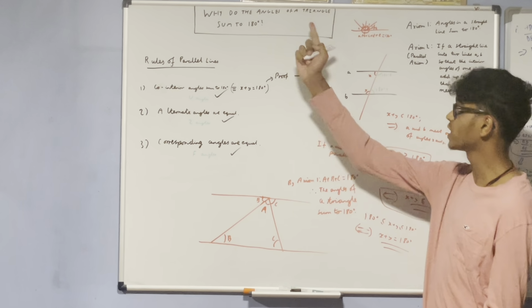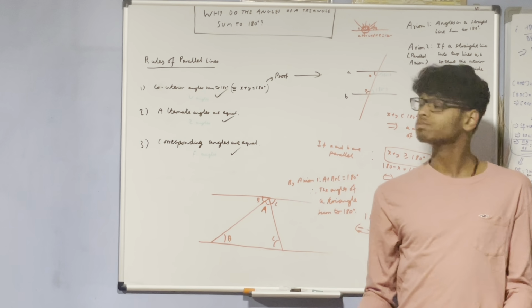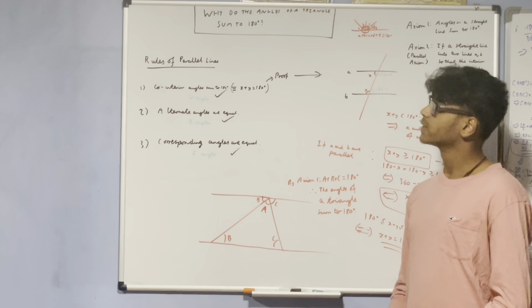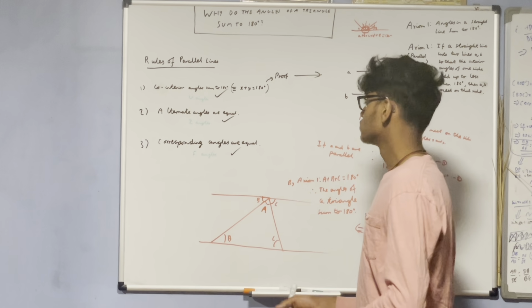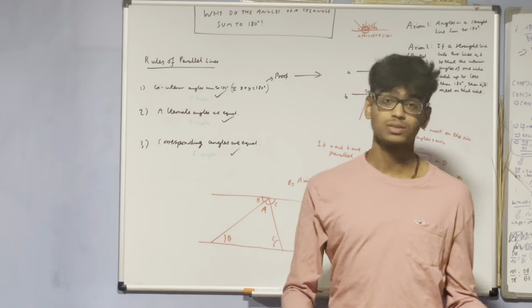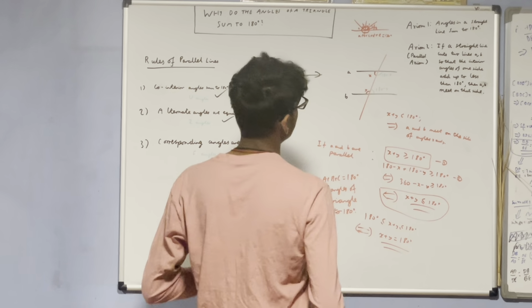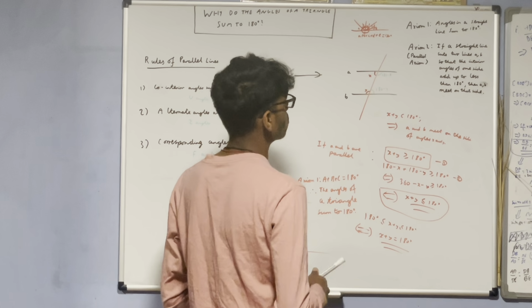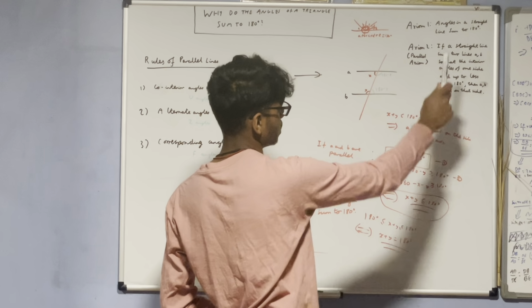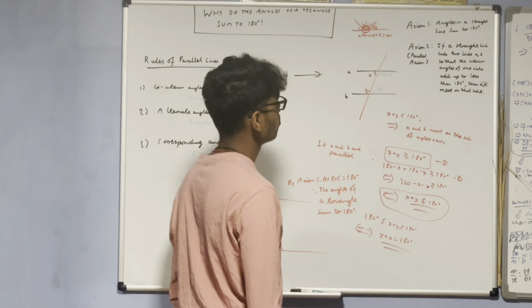Therefore, the angles of a triangle sum to 180 degrees. And we are done. We've proved all the rules of parallel lines, or laws, or theorems, solely from axiom 1, angles in a straight line summing to 180 degrees, and this complicated looking parallel axiom.